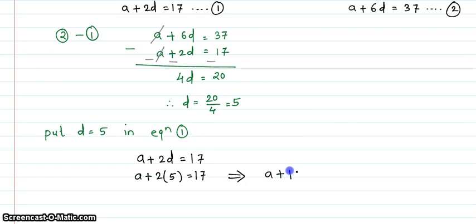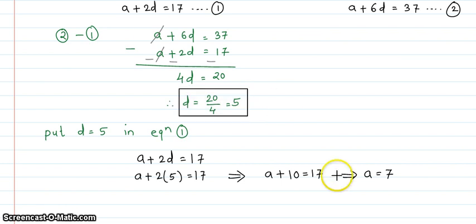So a plus 10 is equal to 17. What will be a? 17 minus 10, it will be 7. Is it clear how we have found a and d, right? This is d, this is a. So I hope it is clear.